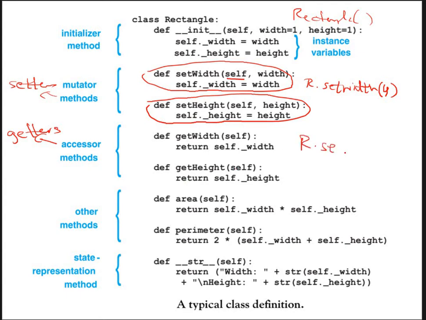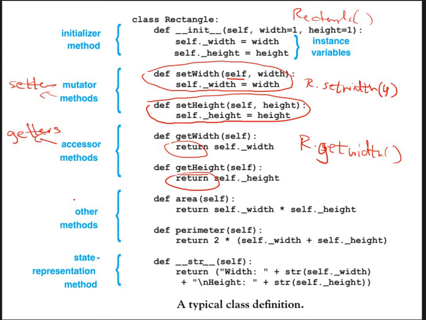So get width, right? If you do that, it's going to print out the width that you just set or someone else set for that rectangle, and this is again for the height. And notice that return. This is going to return what you set as the width or the height.